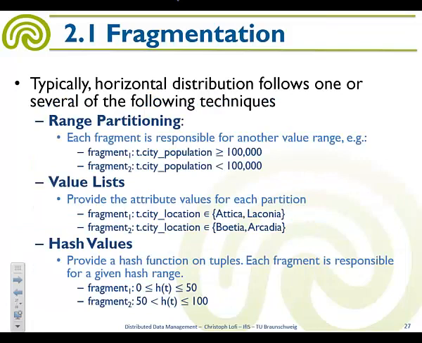Well, that depends. You can do a lot of different things there. You could either assume that there are certain ranges. So, for example, all cities with less than 100,000 inhabitants go to one fragment, and those with more go to a second fragment.